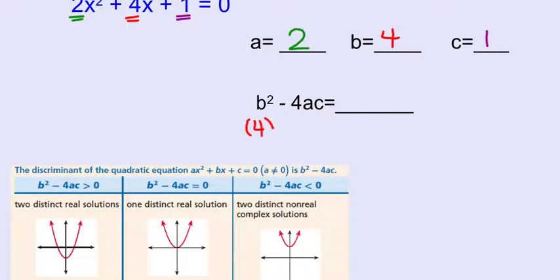So 4 squared minus 4ac, simplified. 4 times 4 is 16. Negative 4 times 2 times 1 is negative 8. 16 minus 8 is 8. So our discriminant is 8.